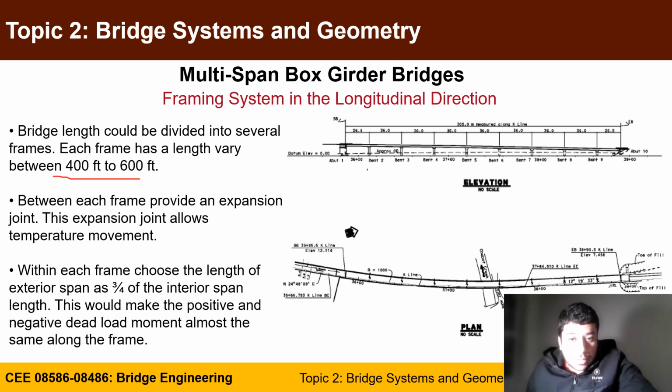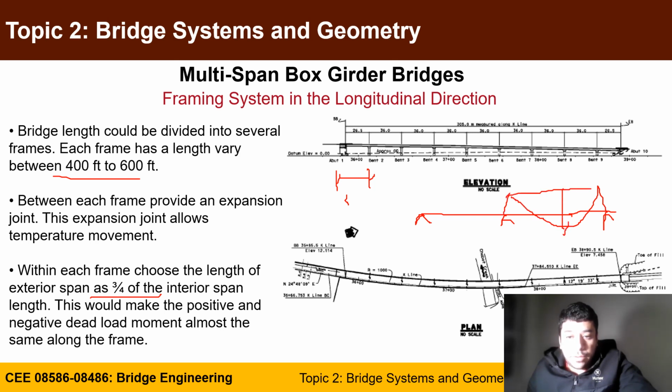When you frame your structure, make sure that, as much as possible, your first span is 3/4 of the interior span, because you know very well that with a continuous span, when you draw your moment diagram, you get WL squared over 8 at the higher points, while for the first span you get it from the midpoint, because the moment at the first support is almost 0.